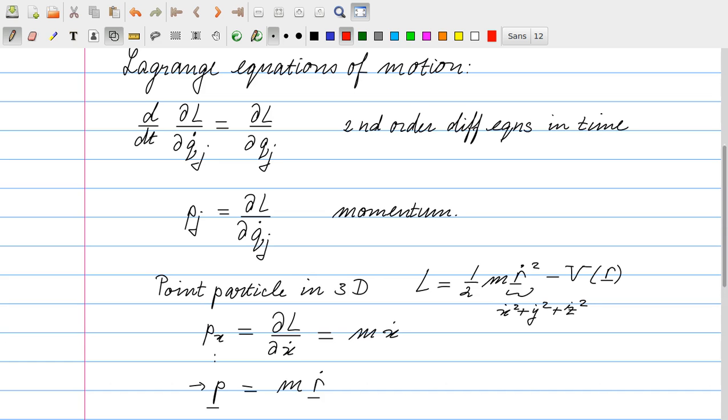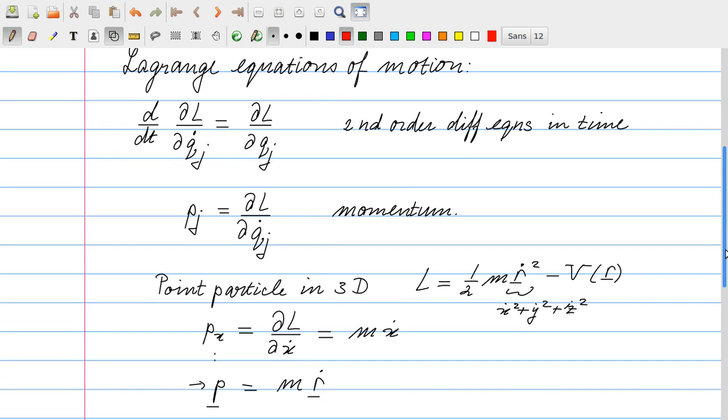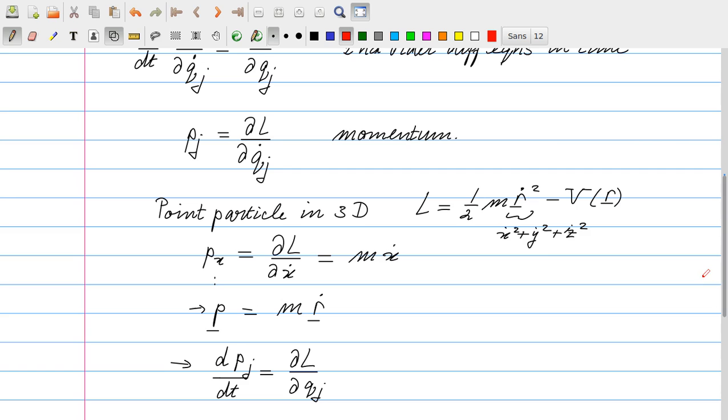Back to the definition of the pj, which is ∂L/∂q̇j. This here, the ∂L/∂q̇j, occurs in the Lagrange equation of motion. So if we replace it by pj, we get the following equation. We obtain dpj/dt is ∂L/∂qj. And now we realize that this equation only contains first order time derivatives of pj and qj, and the same holds for this.